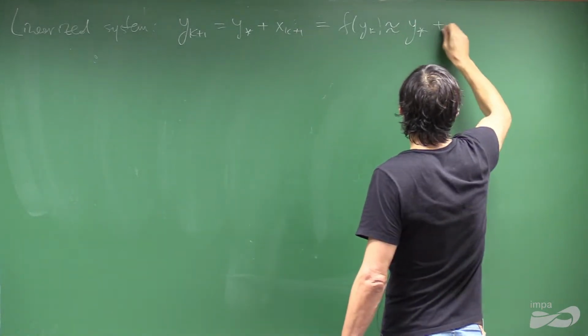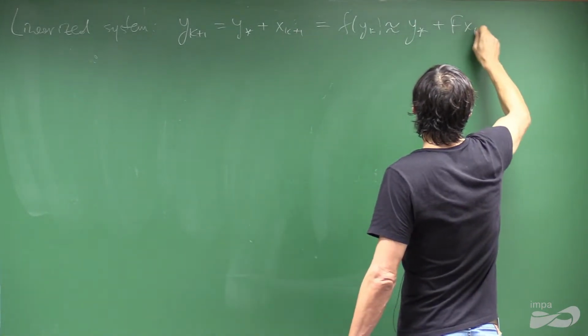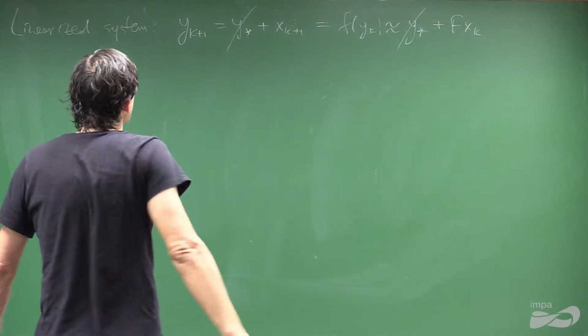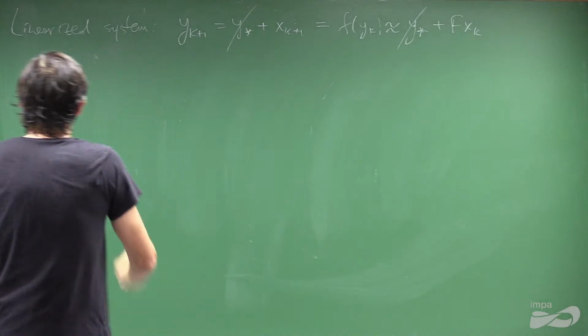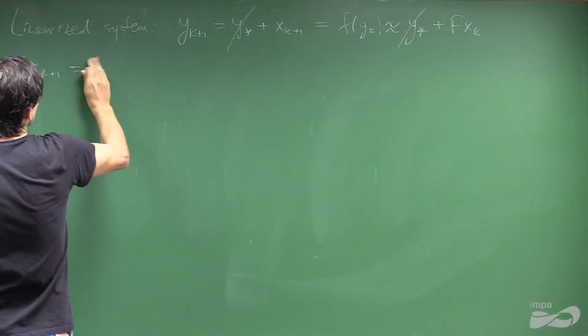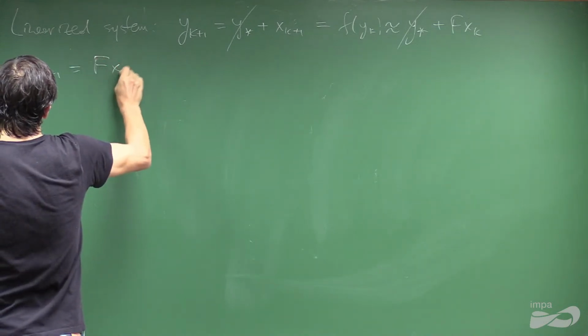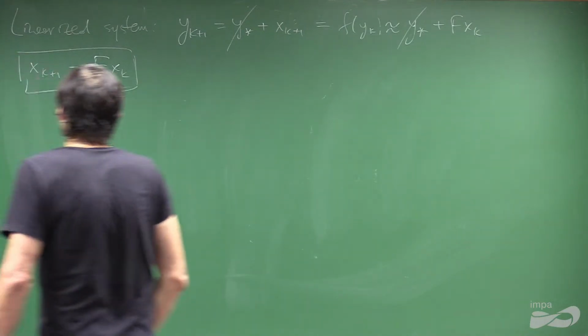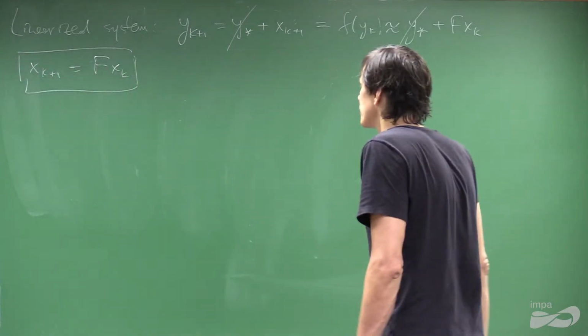It's y star plus F xk. You cancel y star, and we get the linearized system as xk plus 1 equals F xk. So this is our linearized system in discrete time.